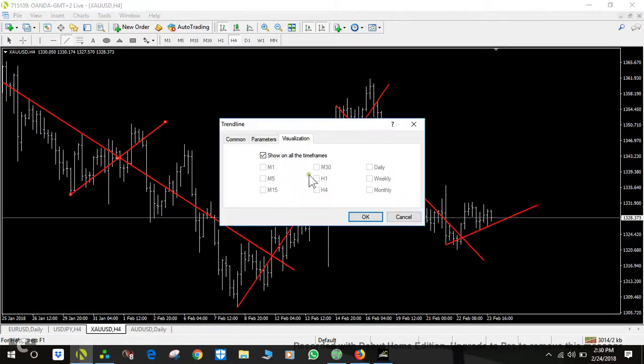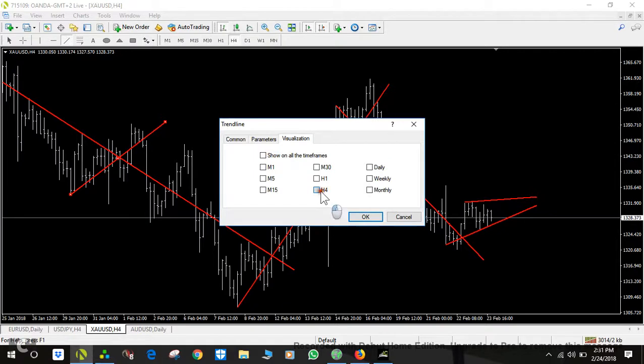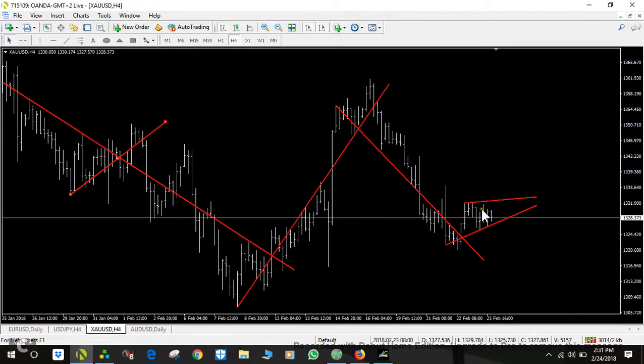Because there's congestion, there's no reason why we can't use the H4. There's also a chance of it going the other way. So we had a line there. Price came down and up. We can now move that line. And this is where our line is at present. We're waiting for a break. It's either going to go that way or go that way.